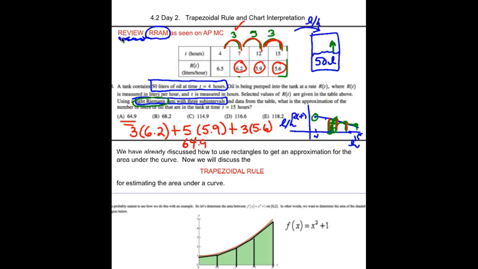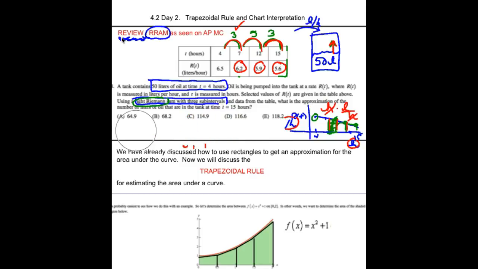But don't go circle A, because that's how much is being put into the tank. And again, when I'm doing this base times height, I'm doing an hour measurement times a liter per hour measurement, which does yield the liters that got put in the tank. But there are already 50 in there. So I have to make sure I take that and add it to 50.